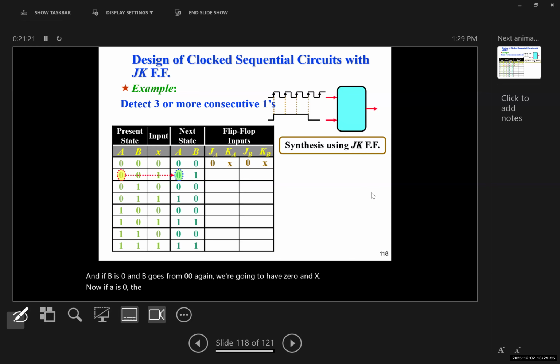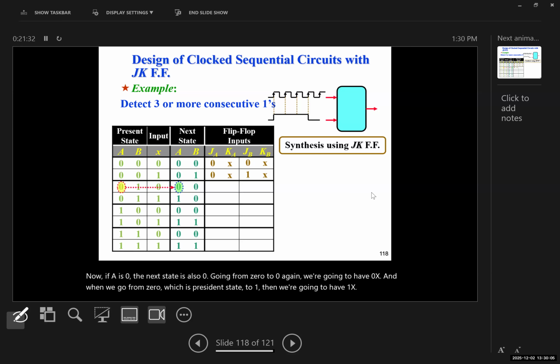Going from 0 to 0, again, we're going to have 0X. And when we go from 0, which is present state, to 1, then we're going to have 1X, and KB is going to get X, because we don't care about that one. Again, going from 0 to 0, we're going to have 0X. Going 1 to 0, we're going to have X1.